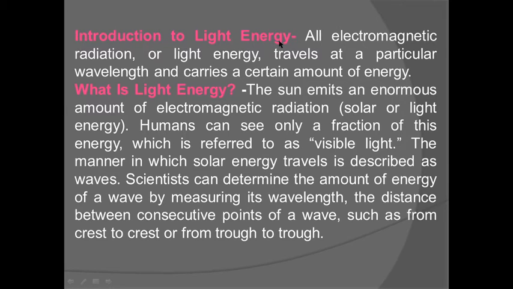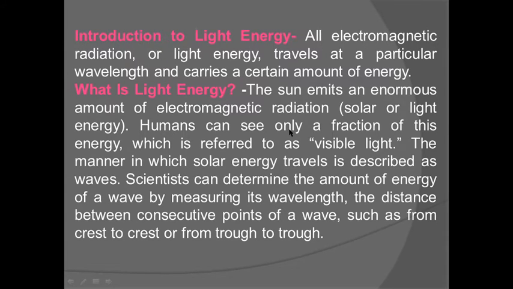Introduction to light energy. All electromagnetic radiation or light energy travels at a particular wavelength and carries a certain amount of energy. What is light energy? The sun emits an enormous amount of electromagnetic radiation, solar or light energy.